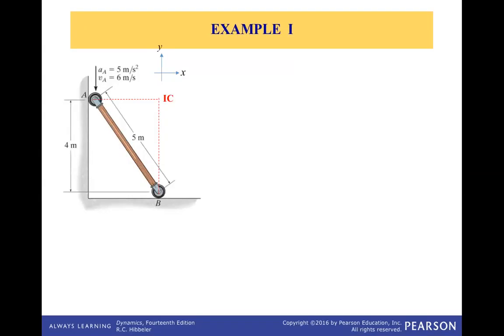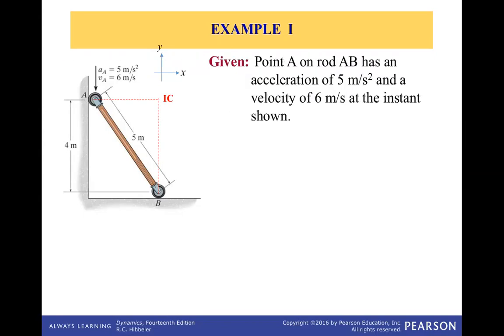All right. So we'll take a look at a couple of examples, starting with example one here. This one says you are given a rod A and B. For point A, its acceleration and velocity are given.